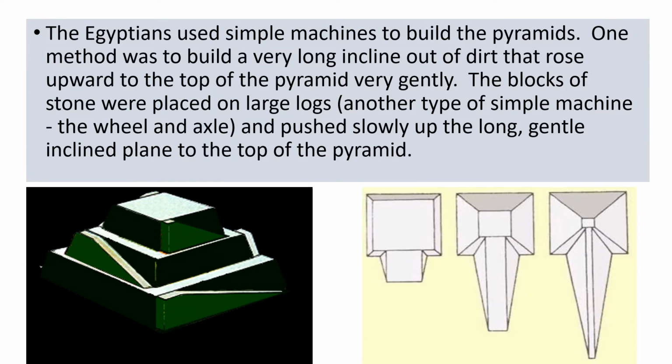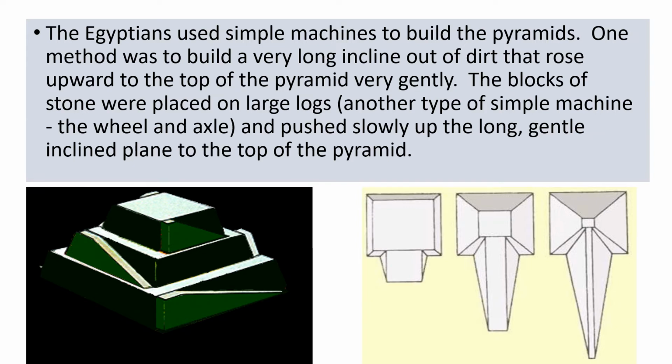Again, the Egyptians used simple machines to build the pyramids. One method was to build a very long incline out of dirt that rose upward to the top of the pyramid very gently. Here in this picture, you can see the base, and near the base, on one of the sides they have made a slope or a slanting plank-like structure, the inclined plane.